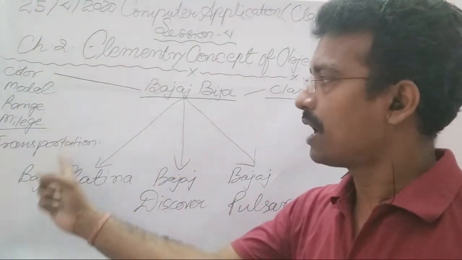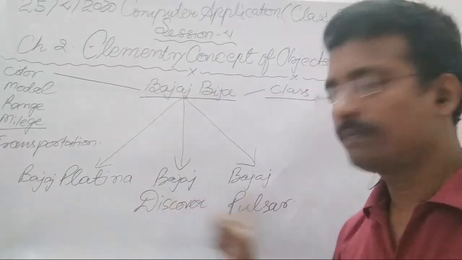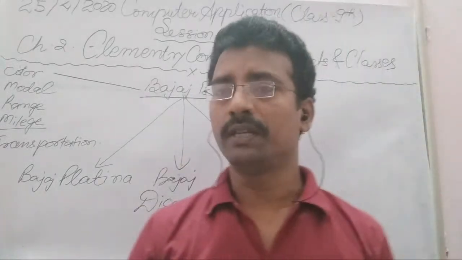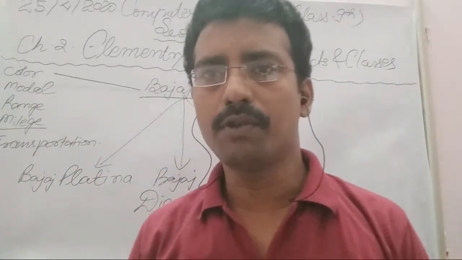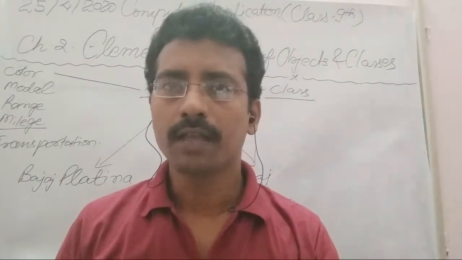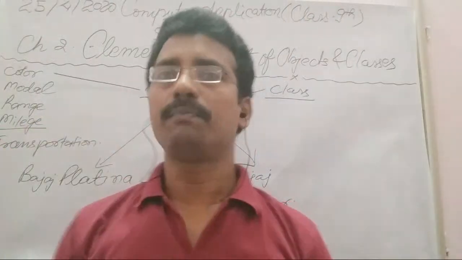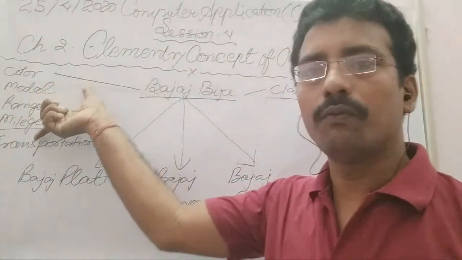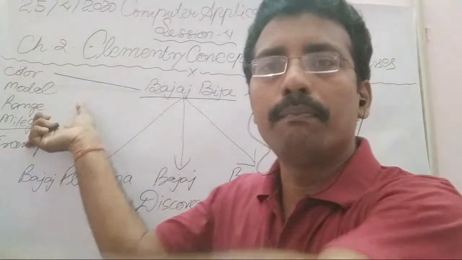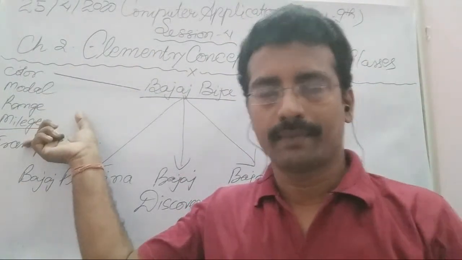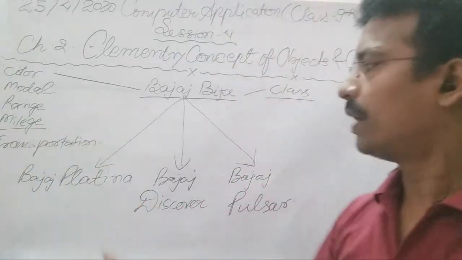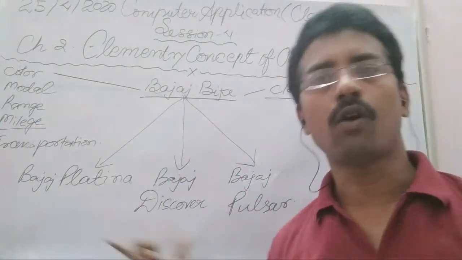A question: if the company Bajaj is there, how many bikes can it produce? As many as it wants, and whatever bike it produces, these features will be copied to that particular variety of bike. Is it okay? This is the quality of a class and its objects.